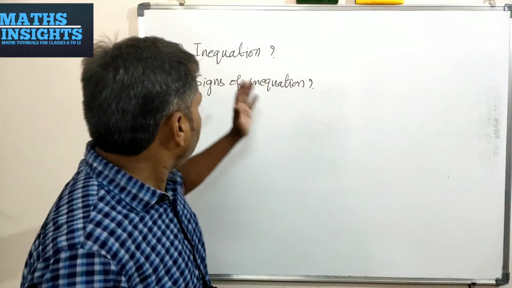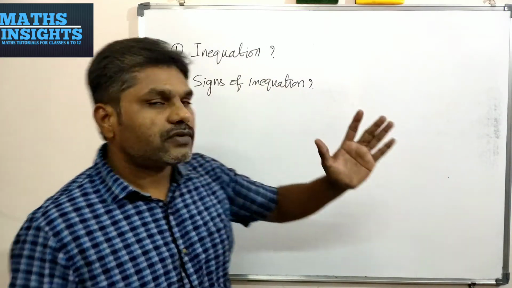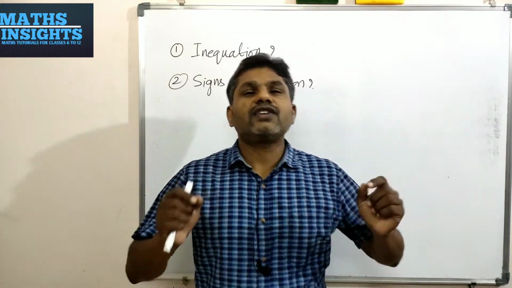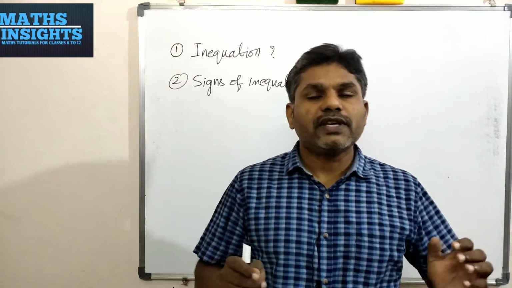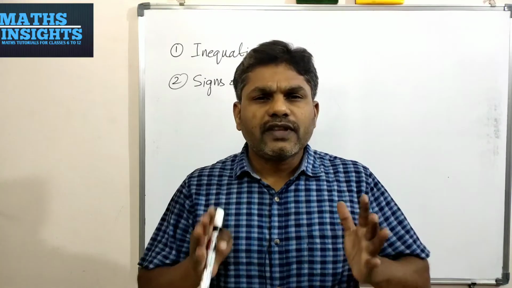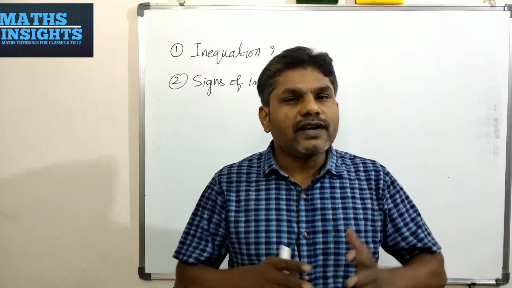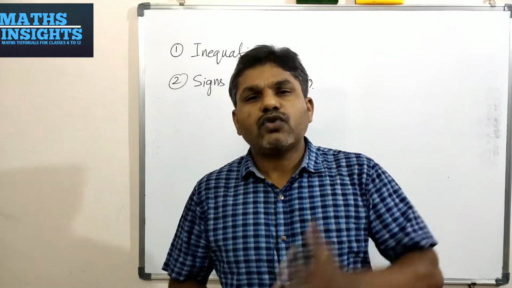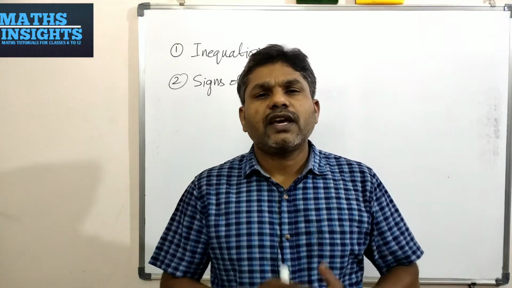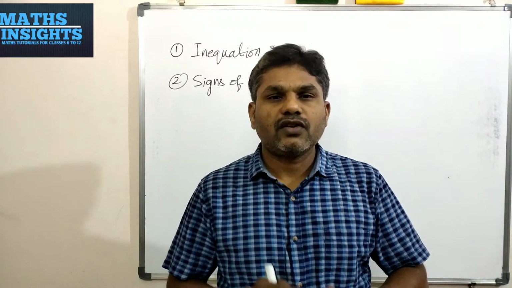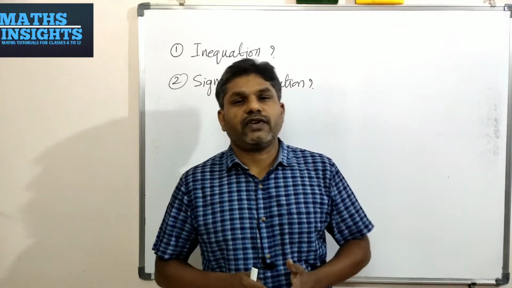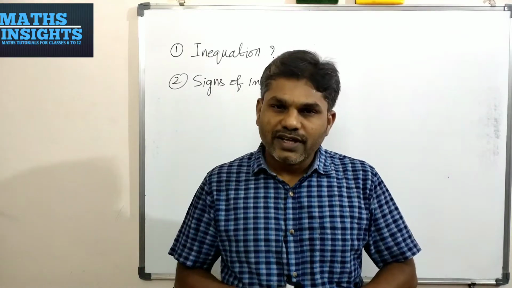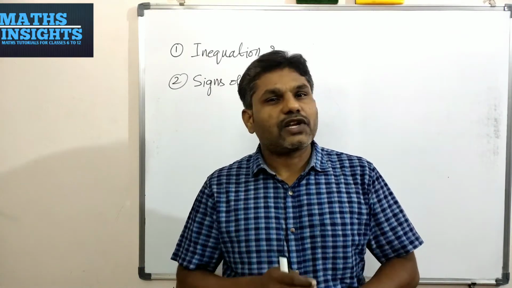What is inequation and signs of inequations? See, if you take any two variables, let the variables be x and y, then these x and y are related to each other in four ways. Those four ways are, the first one is x may be greater than y or x may be less than y, and third one is x may be greater than or equals to y or x may be less than or equals to y.